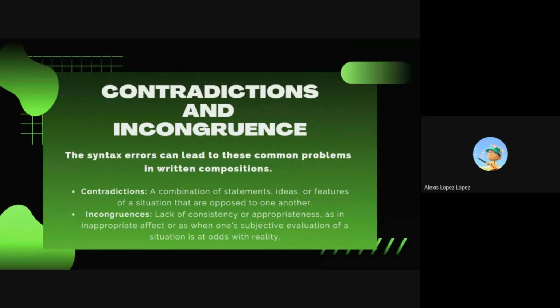And the errors and mistakes could lead to contradictions and incongruence. The syntax errors can lead to these common problems in written compositions. So, what is a contradiction and what is an incongruence? Do I have any volunteers to help me read these two points?